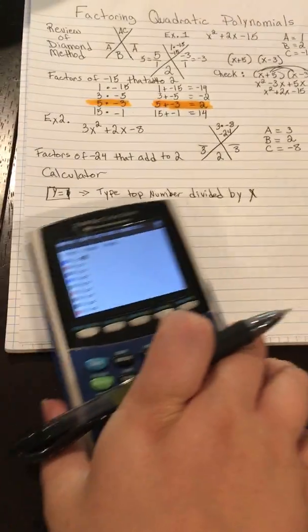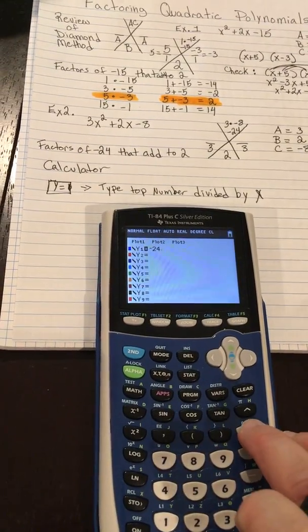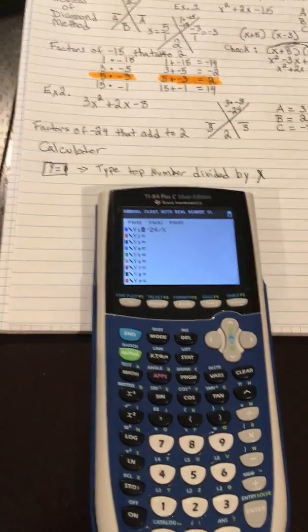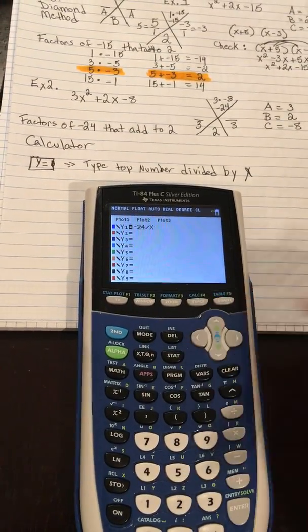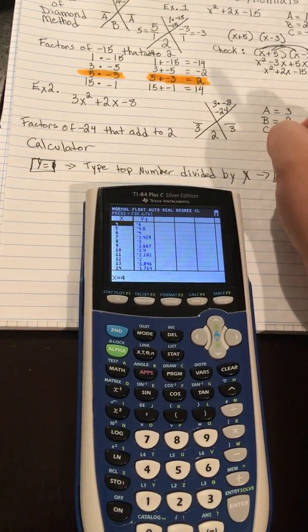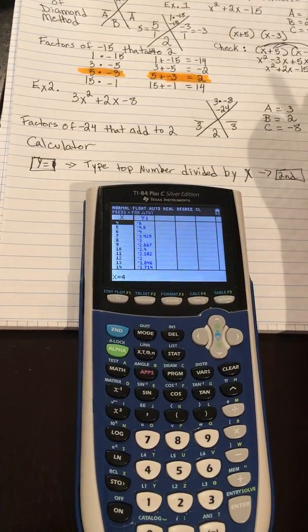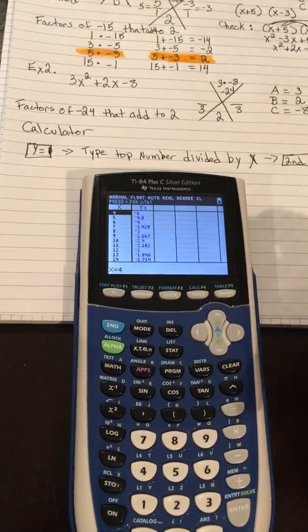Okay, so here that will be negative 24 divided by x. Then we're going to hit second graph. So when we hit second graph, it's going to give us this table.